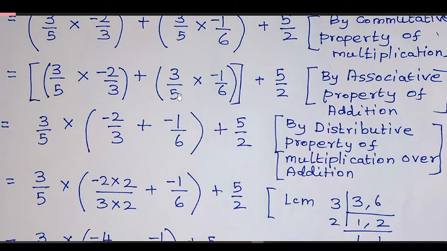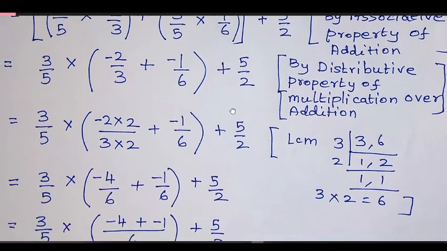Two terms. So you have taken out the common value in both terms, which is 3 by 5 into. That's why I said this is by the distributive property of multiplication over addition, because it is addition. Then 5 by 2, I am not touching anything here.